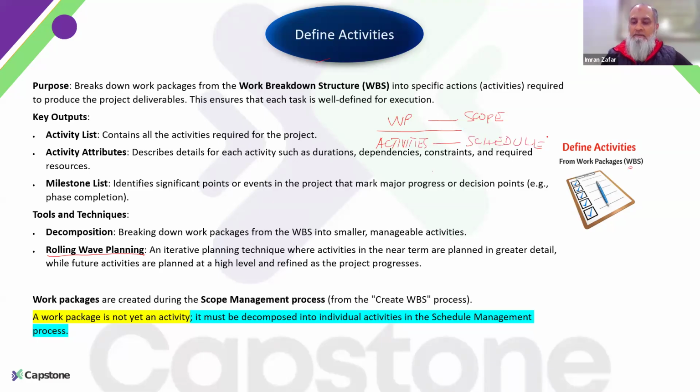This is what you need to understand clearly. Maybe you can have some scenario based questions related to this, depicting a scenario. So you need to understand that the work breakdown structure is broken down till work package level as part of the scope management area, and further decomposition till activity level happens in the schedule knowledge area.